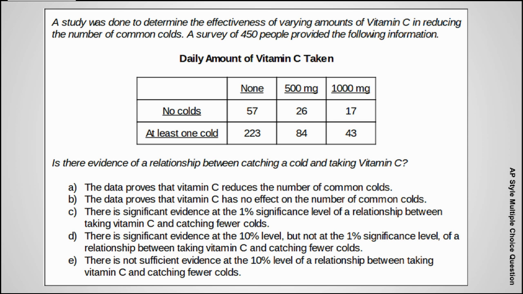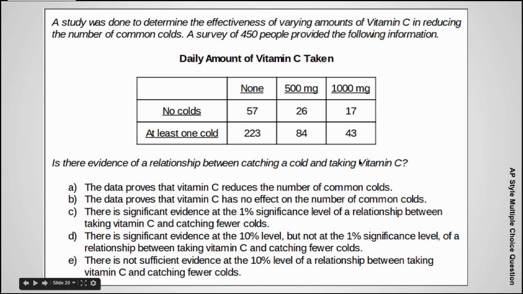Now, this is another example problem, but this would be on the multiple choice part of the AP Stat exam. So, let's get ready. A study was done to determine the effectiveness of varying amounts of vitamin C in reducing the number of common colds. A survey of 450 people provided the following information.